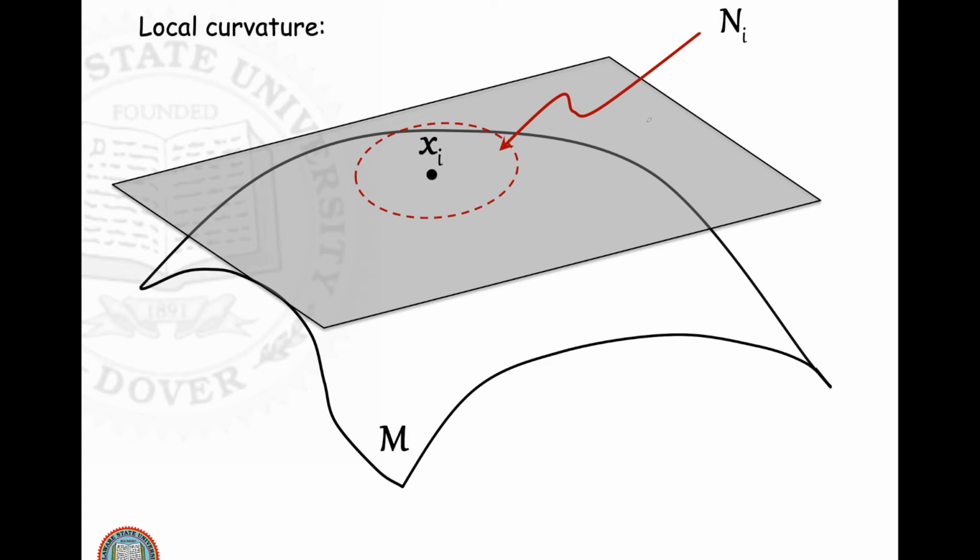So let's define a small patch around that point, and you can imagine that patch being on the tangent plane. We're going to call that the neighborhood associated with that point on the manifold. Now, if this manifold is highly nonlinear and very curvy, as long as we make that patch smaller, really small, we can approximate it as if it were a linear surface, this 2D plane that is tangent to the manifold at that particular point.